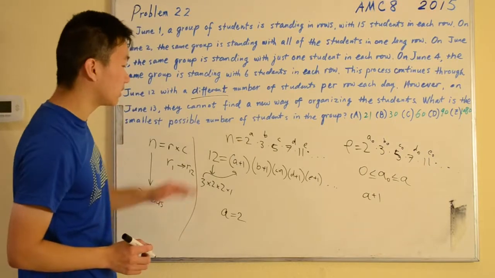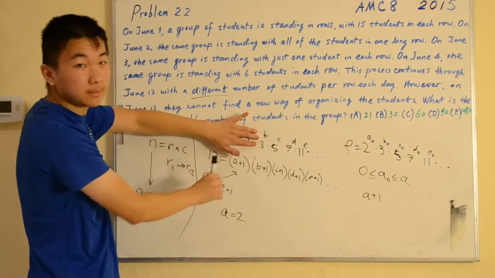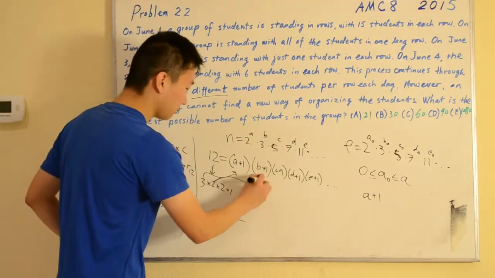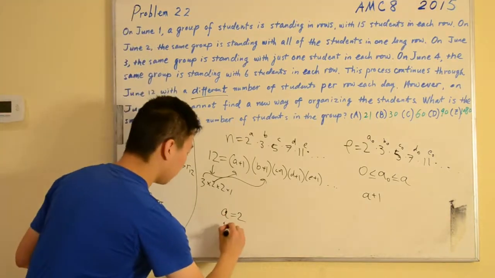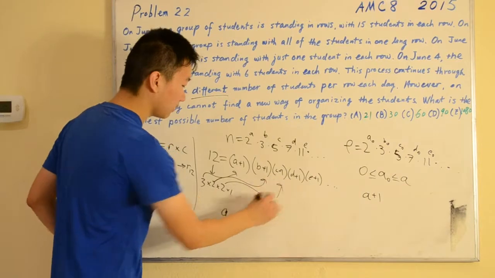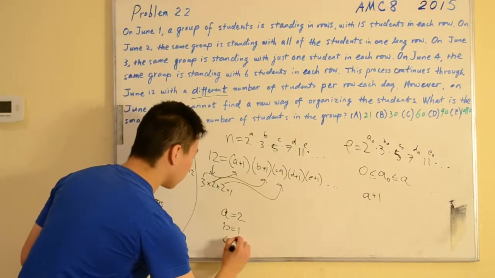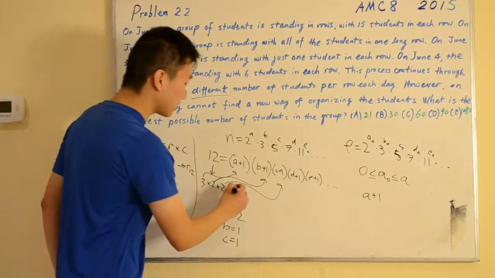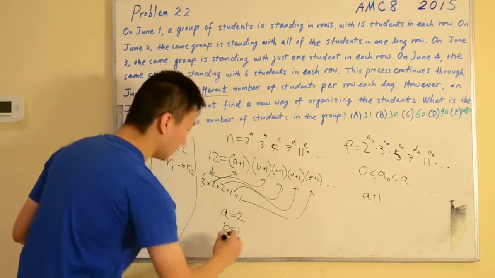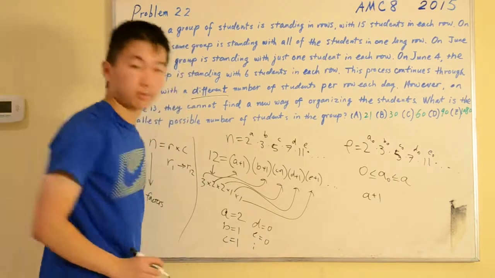By similar logic, now that we have fixed what a is, we want to now maximize b. So b plus 1 should be the 2. So b equals 1. And we do this process again. So c plus 1 should be the 2. So c equals 1. And the rest of these are simply 1s. So d equals 0, e equals 0, and so forth.